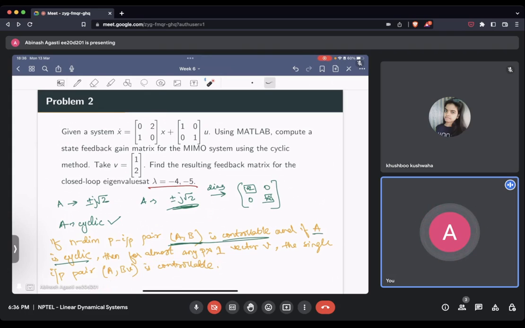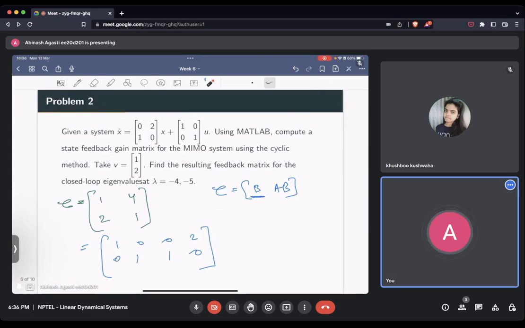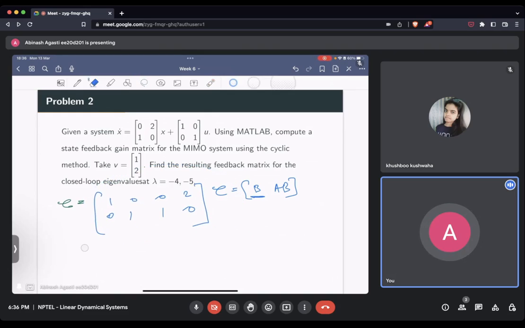So we are just verifying. Here we clearly have that this is a rank 2 matrix, because at least two columns are independent, since we have the identity here. So this is clearly rank 2.